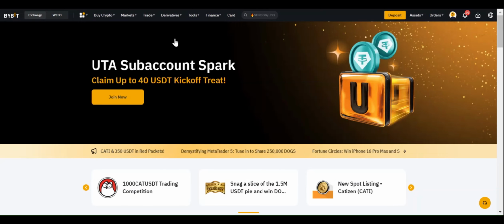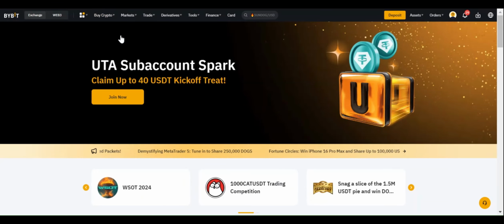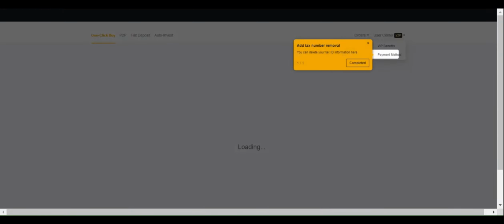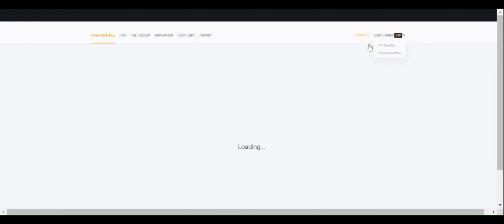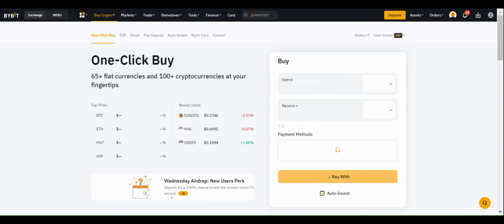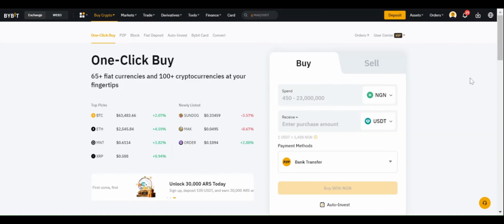So let's examine buy crypto. This is one click buy. Basically this allows you to, it says one click buy 65 plus fiat currencies and 100 plus cryptocurrencies at your fingertips.